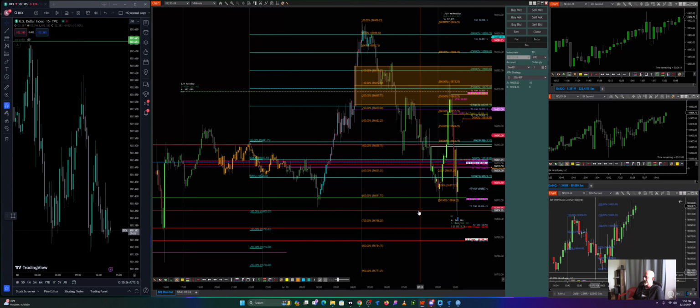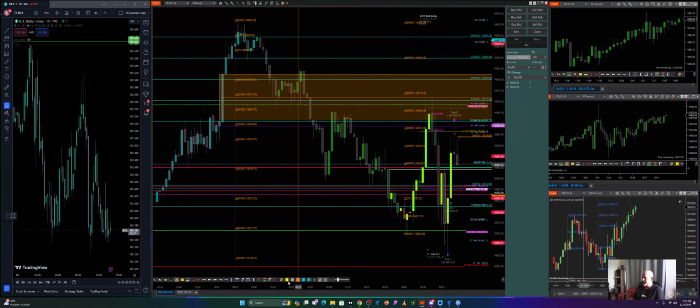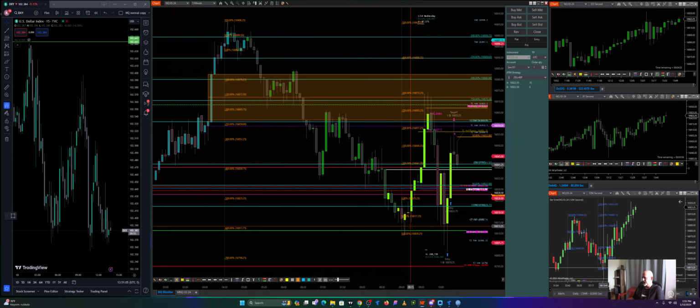and here is, let me spread this out a little bit. You can see here, this is the London manipulation, which drove down to the T2 high, and bodies could not even close at it.